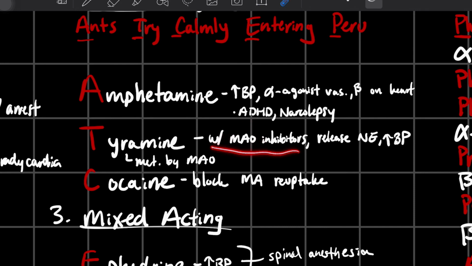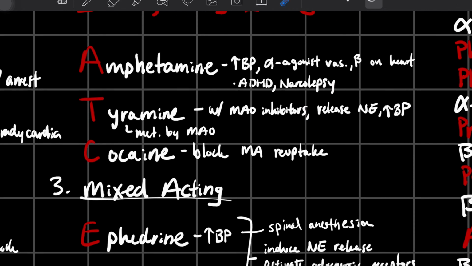So if you're taking MAO inhibitors, now you have this extra excess of these toxins that you need to get rid of, but you can't because you have tyramine in your system, and that's going to be competitively inhibiting that process. So you're going to have that increase in norepinephrine, increase in blood pressure.